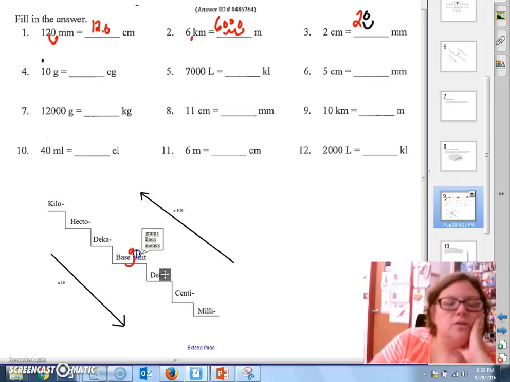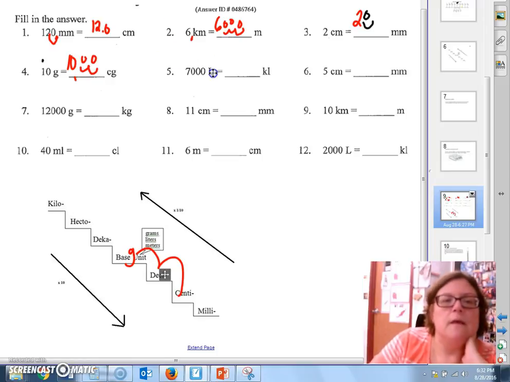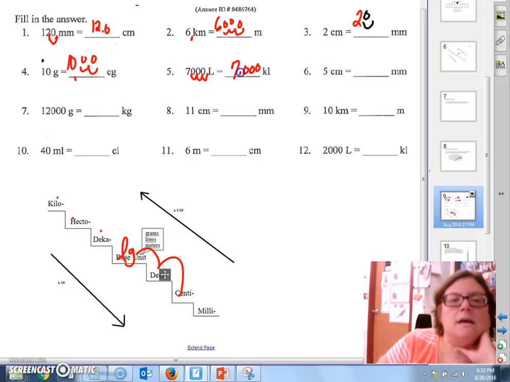Grams would be a base unit. 1, 2. So 10 becomes 1,000 centigrams. 7,000 liters to kiloliters. Liters is a base unit. We're going to go 1, 2, 3 to the left. Here's our understood decimal. 1, 2, 3. So 7,000 liters is the same as 7 kiloliters.